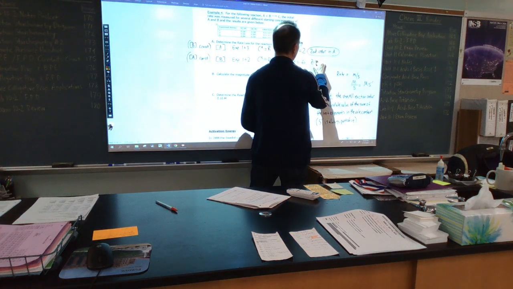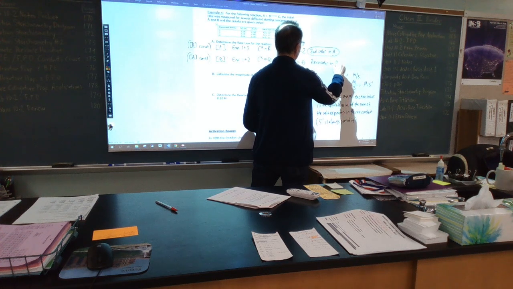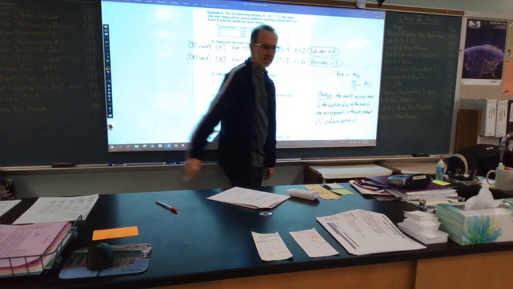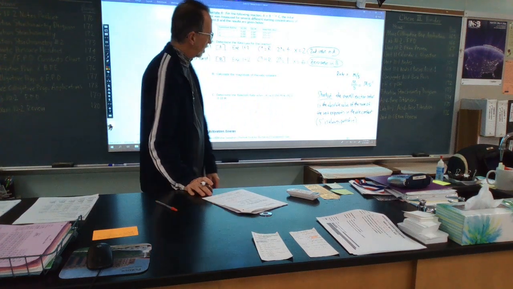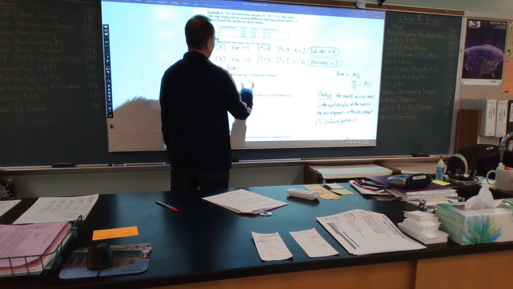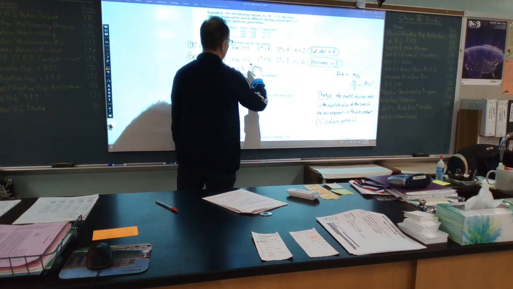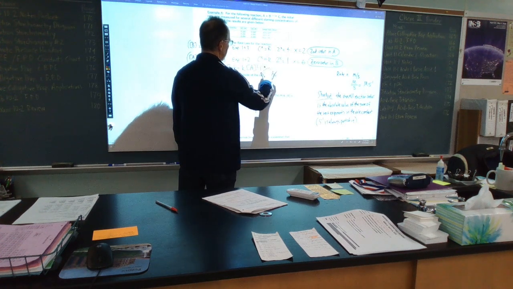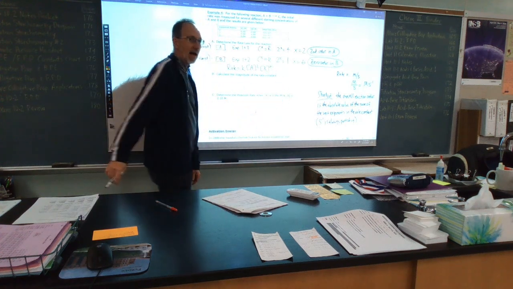So it is 0 order in B. 0 order. Remember that. So our rate law is rate is equal to K times the concentration of A squared times the concentration of B to the 0 power.